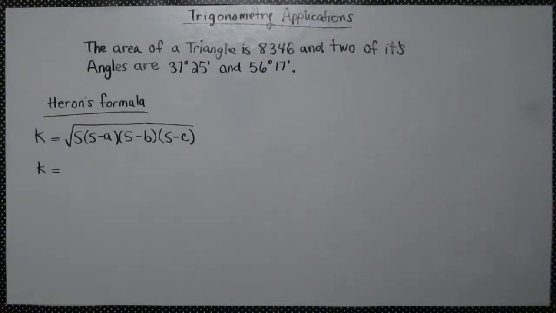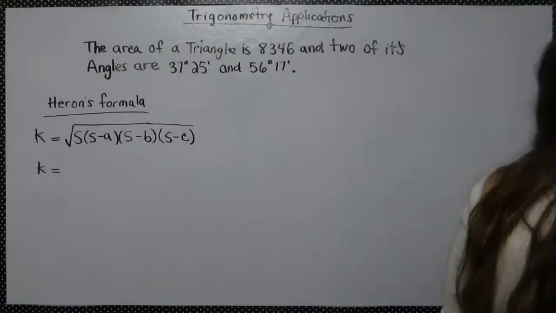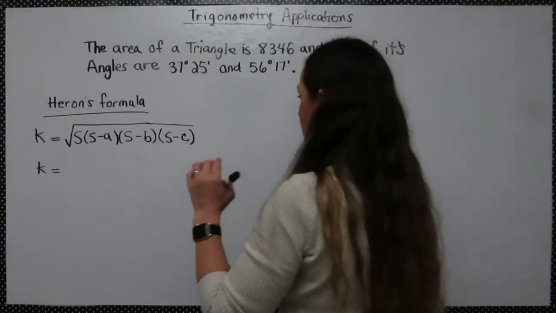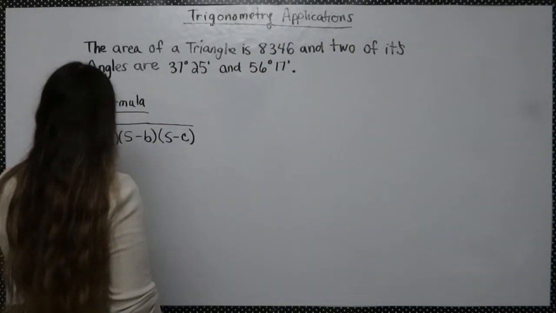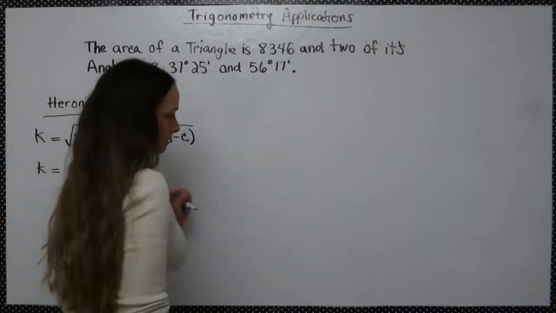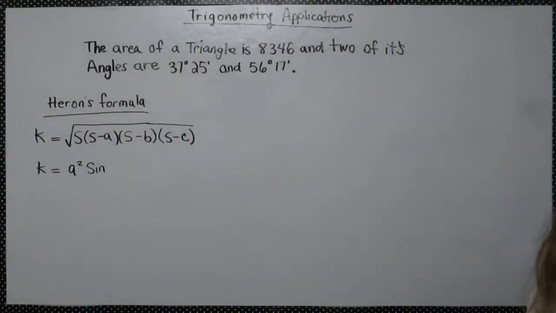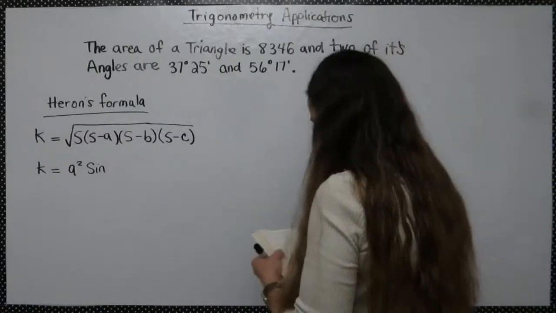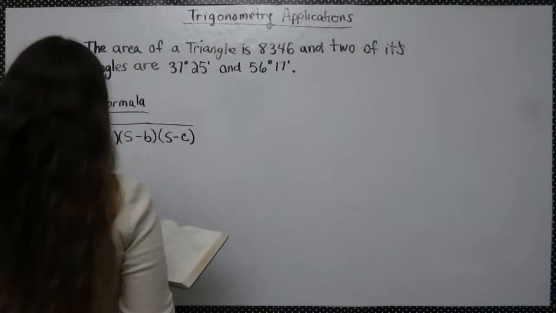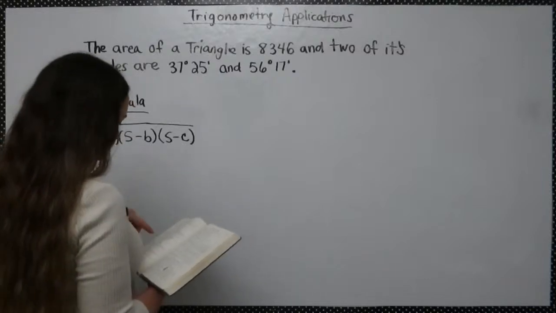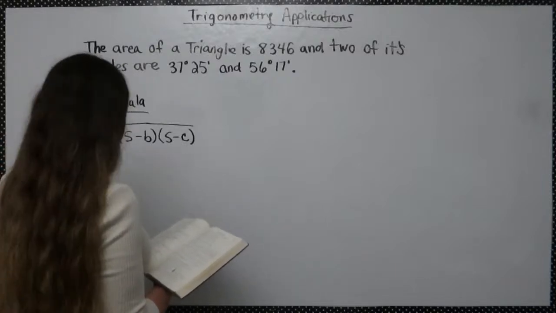It says the area can be expressed in terms of any sides and angles. So that's the one we're going to actually need. We're not going to need this one. We're going to use a squared sine. There are three of them listed, but I just picked the first one.